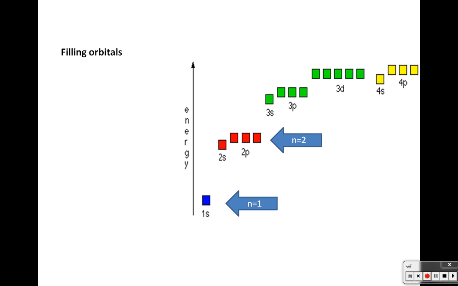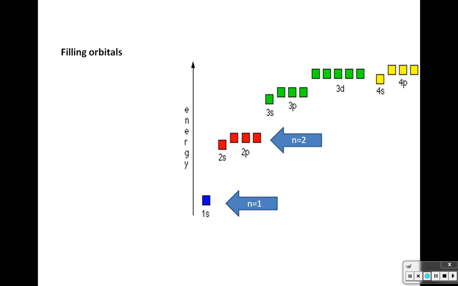But what's interesting about the second energy level, and obviously with the third and fourth and so forth, is that the 2s electrons are actually at a slightly lower energy than the 2p electrons. They're all the second energy level, n equals 2, but some of the electrons are actually at a slightly lower energy than others of the electrons.